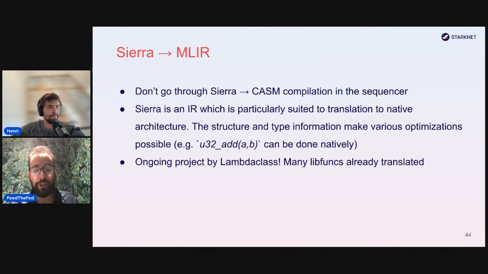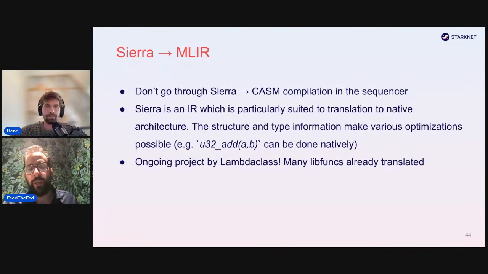And this is actually not sci-fi. This is a project that is now happening by Lambda Class. They already translated many libfuncs to MLIR, which I think stands for multi-level intermediate representation, and this then compiles down to native code.